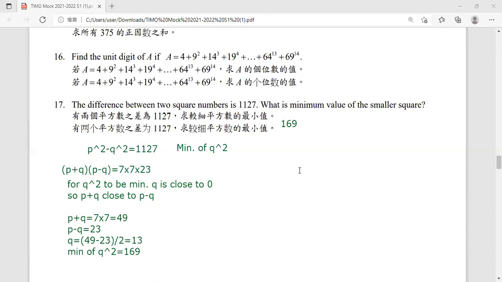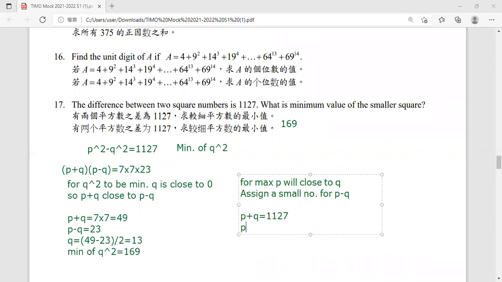And if I want to find the maximum value of Q squared, then for the maximum, P will be close to Q. And then I will put a small number for P minus Q, and then do something like this.